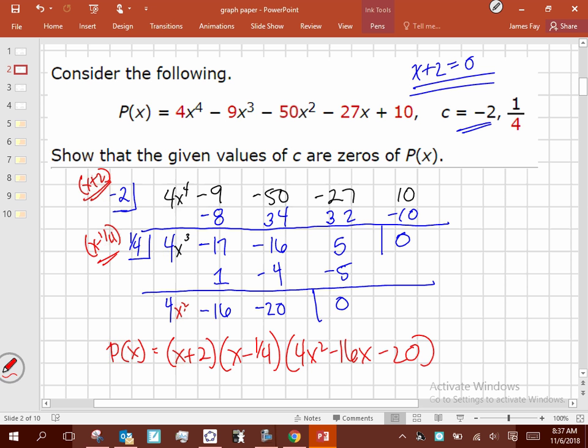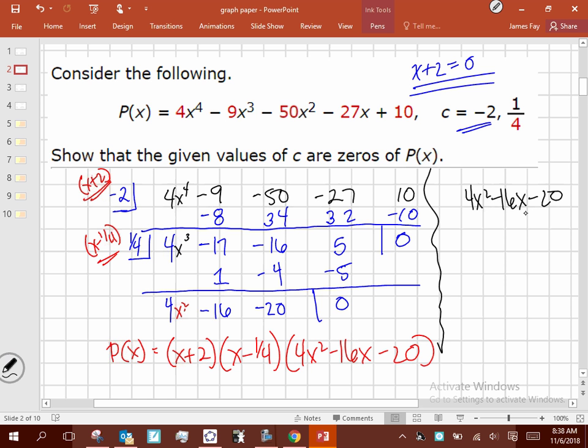So that 4x squared minus 16x minus 20, that can go down a little bit further. Okay, so let's come over to the side here. We have 4x squared minus 16x minus 20. What can I divide everything by here? It's 4, right? Now, this is just an expression. It's not an equation at the moment, right?